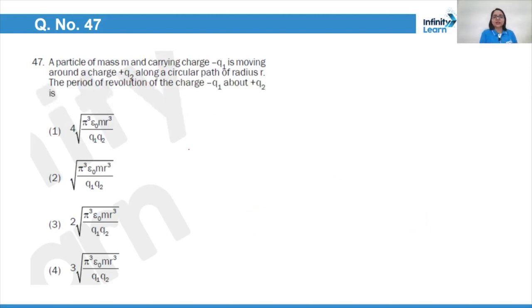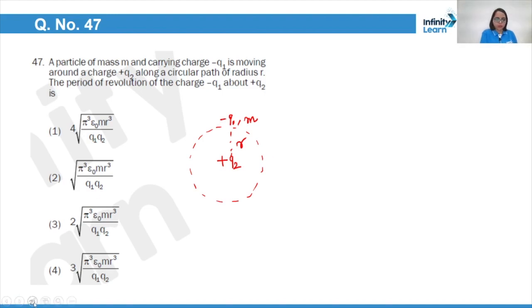Question number 47. A particle of mass m and carrying charge minus q1 is moving around a charge plus q2 along a circular path of radius r. Okay. So this is minus q1 and radius is r. Mass is m. The period of revolution of the minus q1 about plus q2 is.